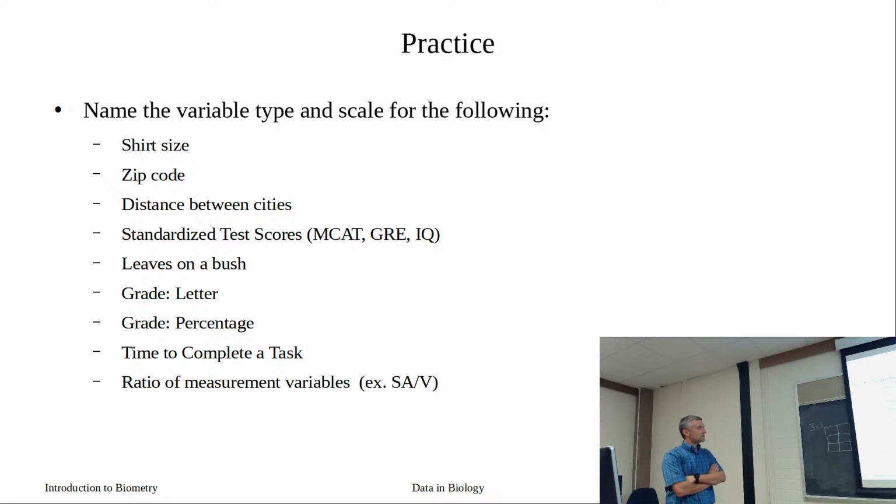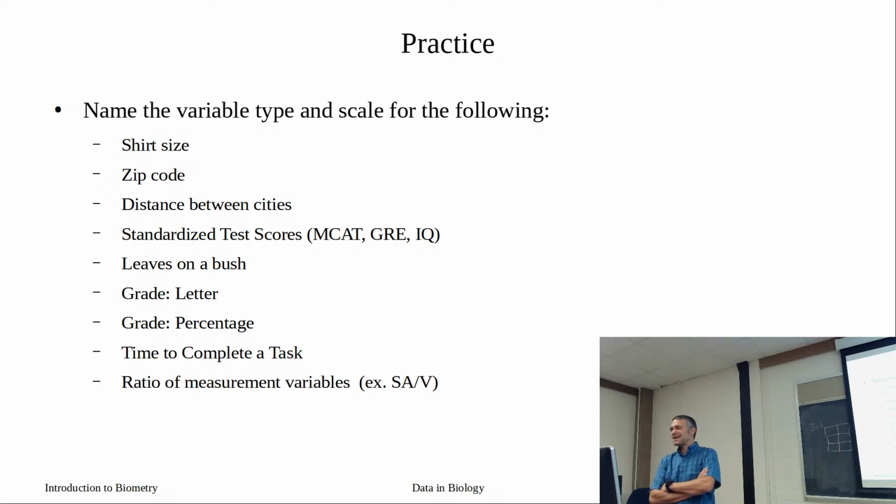Distance between cities. Quantitative. Continuous or discrete? Continuous, right? Nothing says we have to be in whole miles or half a mile. Is this interval or ratio? Definitely ratio. Can't have negatives.